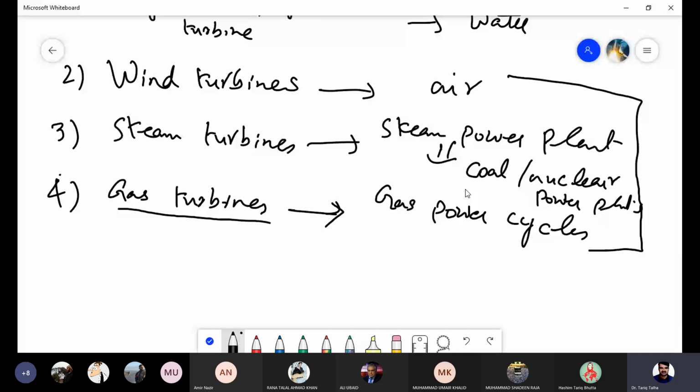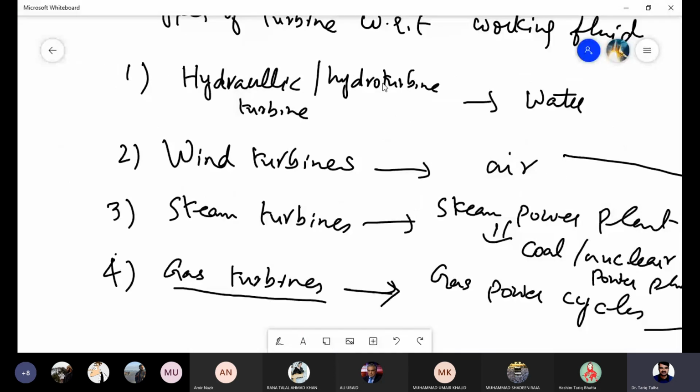So because here we are talking about fluid mechanics, we usually talk about these hydraulic turbines, which use water as a working fluid. So our main focus here in this course would be hydraulic turbine, right?